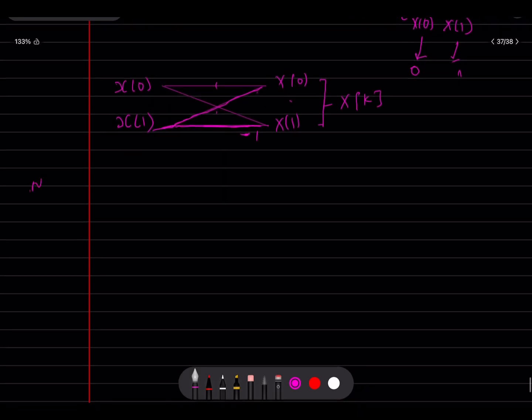If I have a normal N equal to 2 and I'm doing the computation, I'll compute two twiddle factors, omega N to the 0 and omega N to the 1.